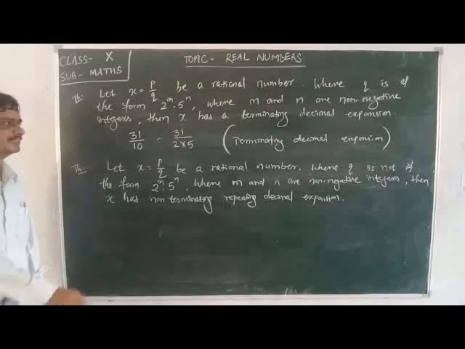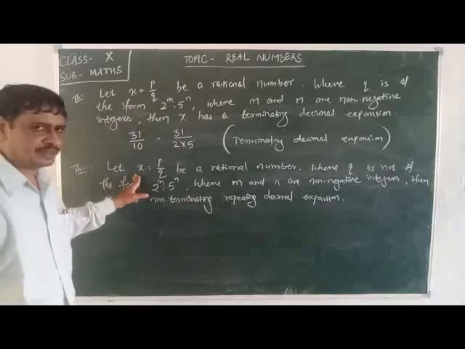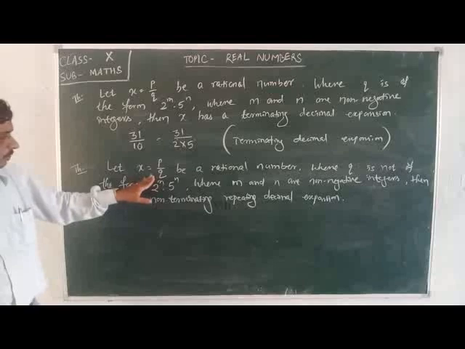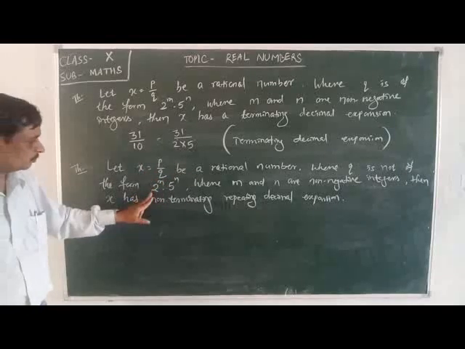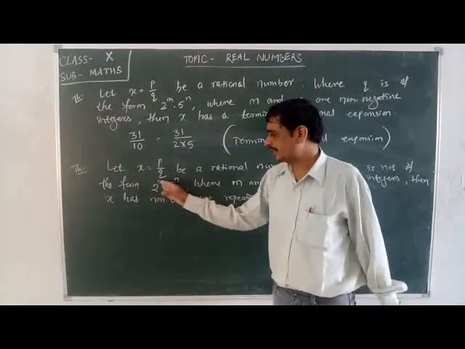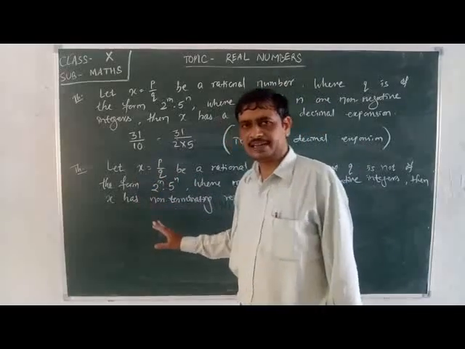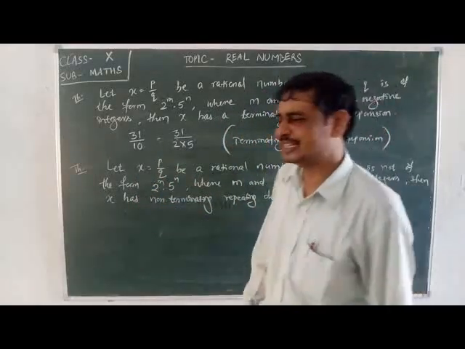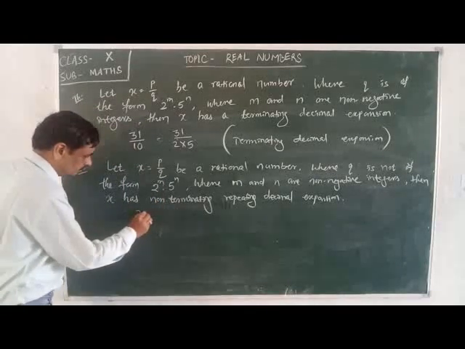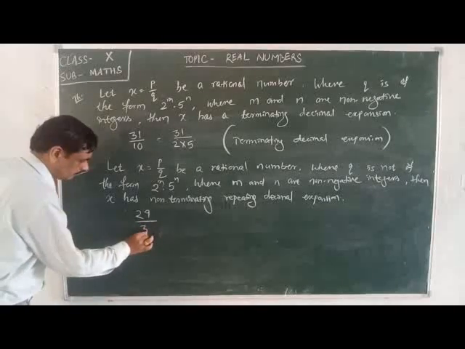But if a number x is in the form p by q, and q is not expressed in the form 2 to the power m into 5 to the power n, then the number gives a non-terminating and repeating decimal expansion, like 29 by 35.